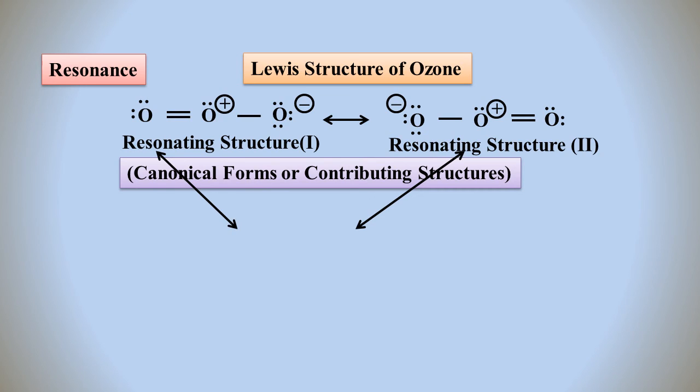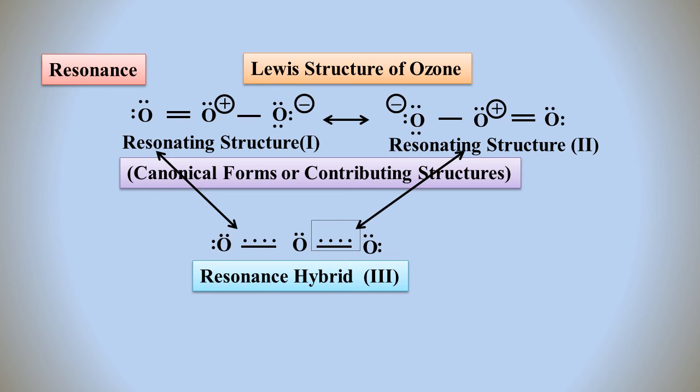Each one we call a contributing structure or canonical form for the oxygen. We have the resonance hybrid, as the 3 atoms share the stability.